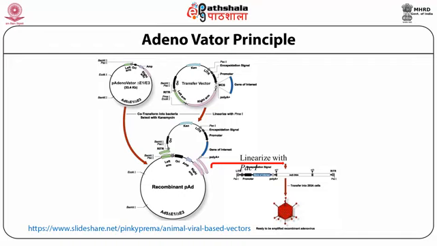Then we have another transfer vector with an origin of replication, left and right arms, and then kanamycin as an indicator antibiotic, and we can insert the gene of interest into the multiple cloning sites, and we have cDNA with the poly A tails. Different parts have been labeled, and EcoR1 and BamH1 are the restriction enzymes that can be used to cut the vector DNA and the gene of interest we want to insert.